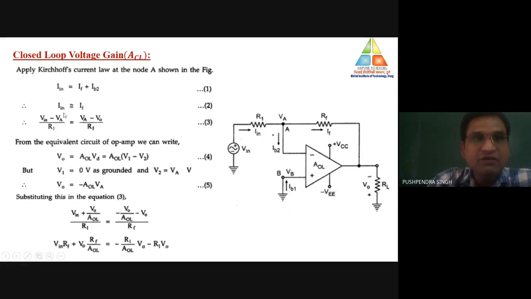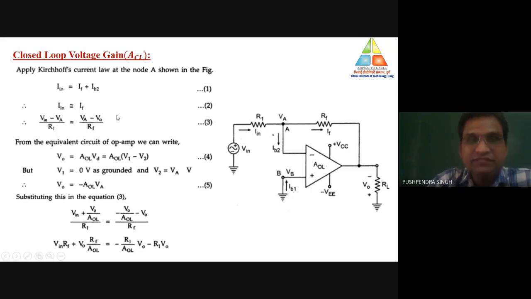Now what is the value of IN? IN is the current between VIN and VA. So IN is VIN minus VA divided by R1. And IF is VA minus V0 divided by RF, where this particular voltage is V0.